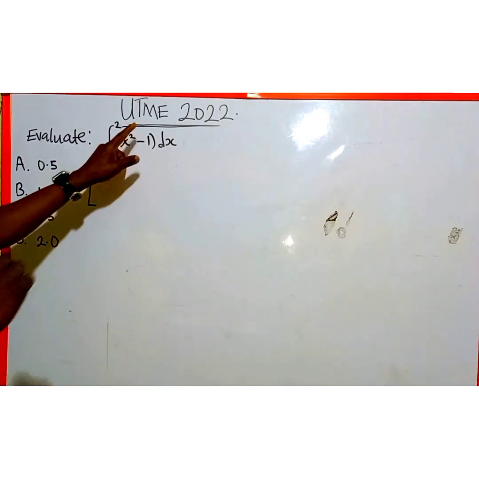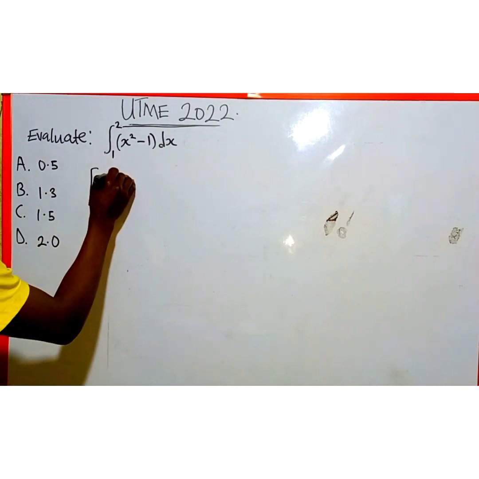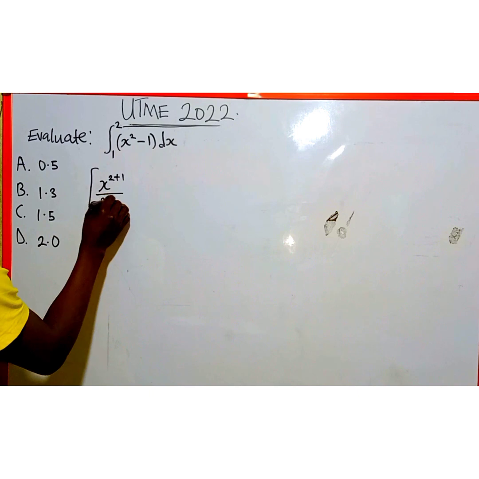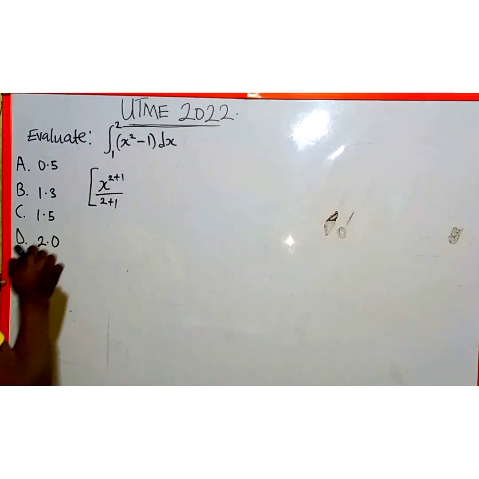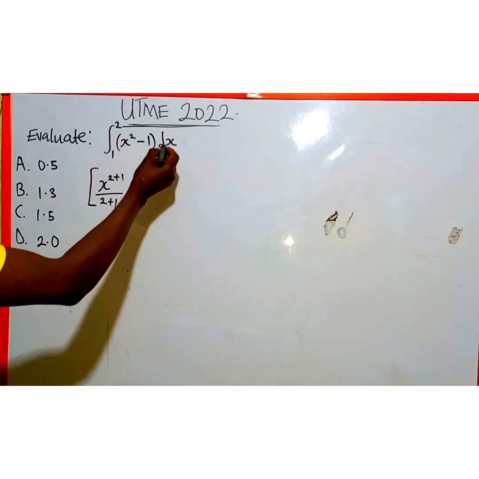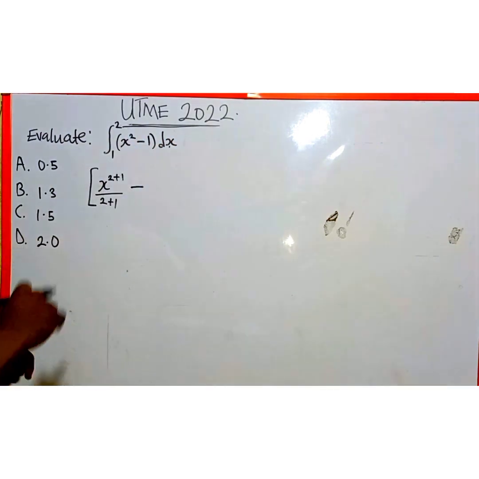If you integrate s squared, we add 1 to the power, then over, you bring the power down, which is 2 plus 1, then minus. Since we are integrating with respect to s, you use the s to multiply by the constant.